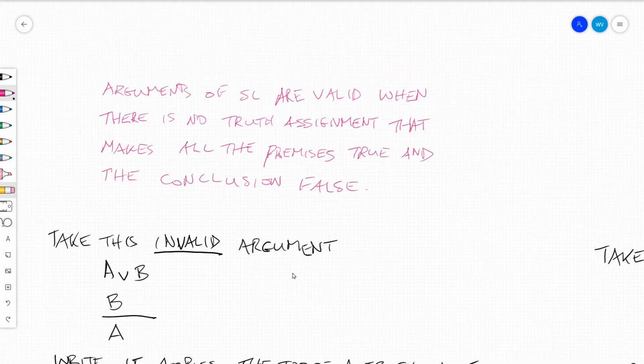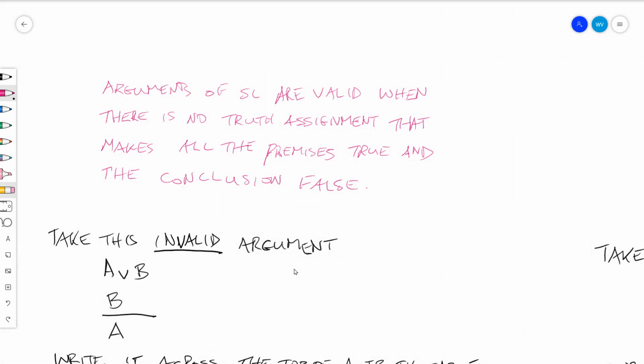Arguments of SL are valid when there is no truth assignment that makes all the premises true and the conclusion false. Now, I want you to think about this in the context of our definition of validity.